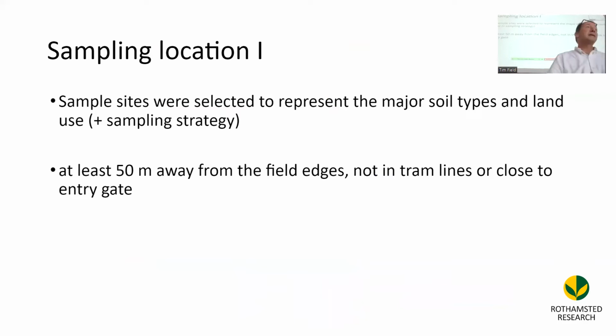But when you're in the landscape, we try to make sure that we are not too close to the edge of the field where you often have edge effects. We try to avoid fence lines, or where the animals drink, or the gates where the animals walk. So this was just general considerations when we did the sample on the ground.